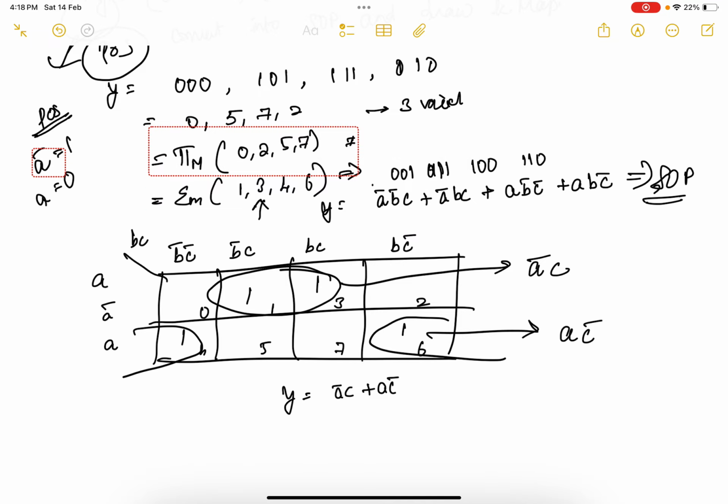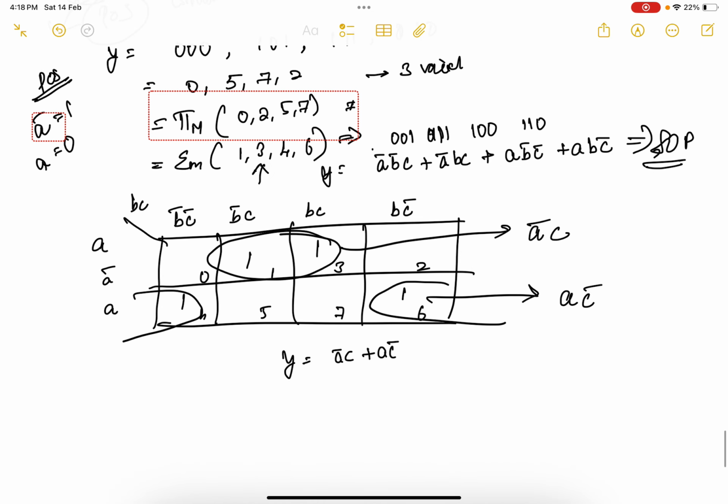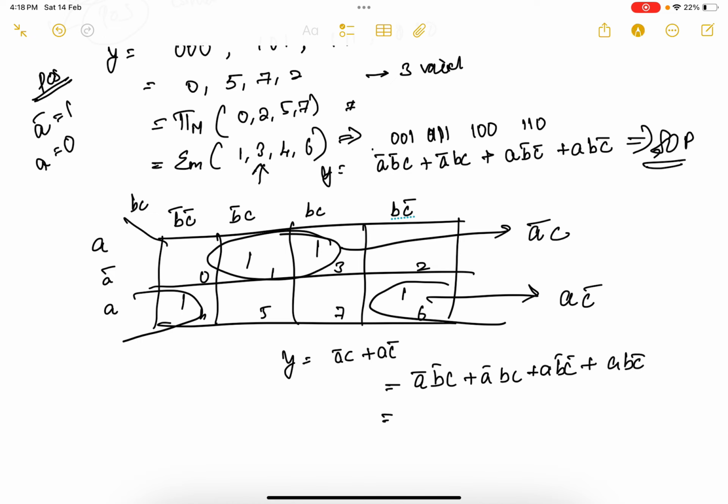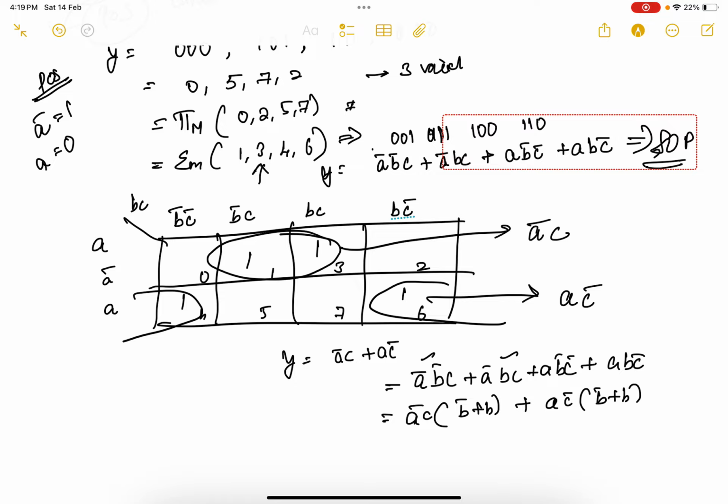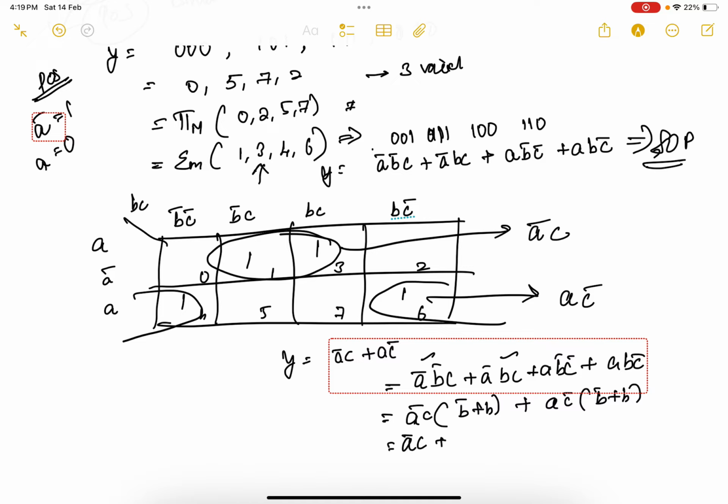Once you are clear with your SOP, for example, if you simplify in the normal fashion using Boolean expressions, which term can you take common here? In the first and second term A bar C is common, so your term will be B bar plus B. In the second two terms A C bar is common, B bar plus B. So finally you will get A bar C plus A C bar.